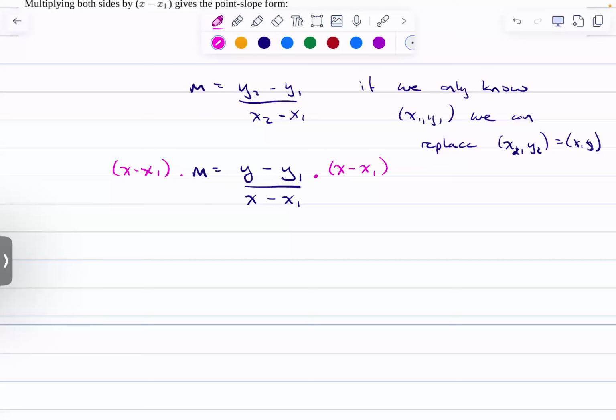This is technically x minus x1 over 1, and on that side too. I said x minus x1 over x minus x1, but I take that back.